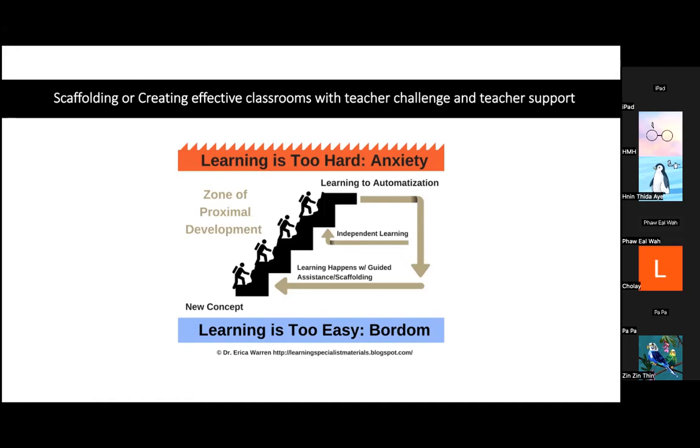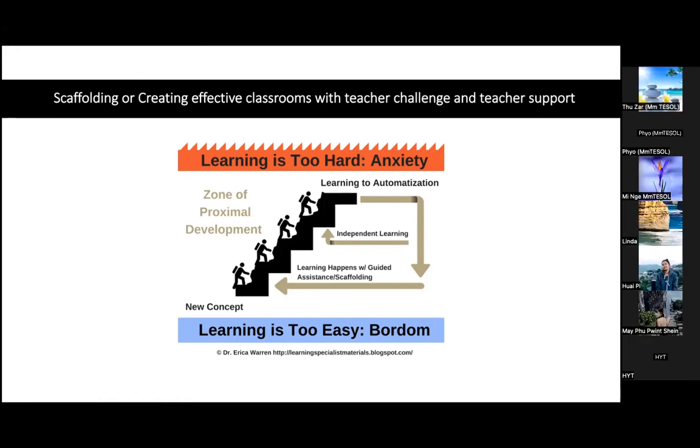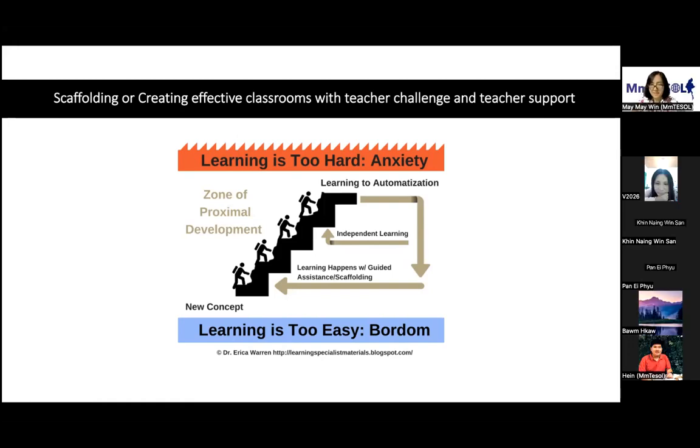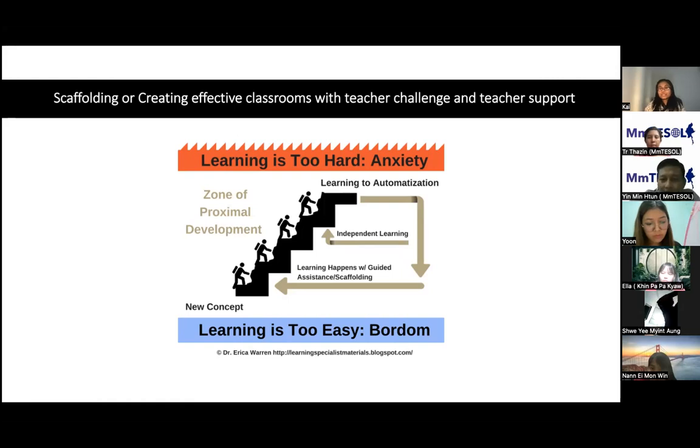Actually, for different levels we should use different types of scaffolding. Even for the genre-based approach, of course we can use it for different levels of students, but the types of support that we give will differ.